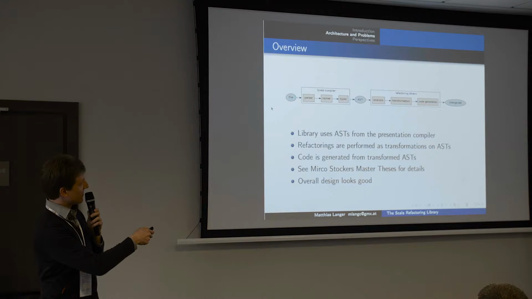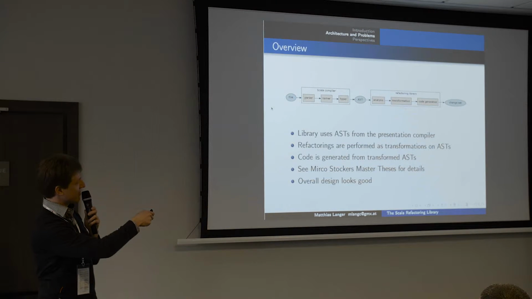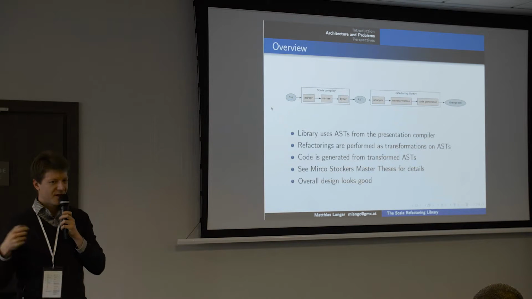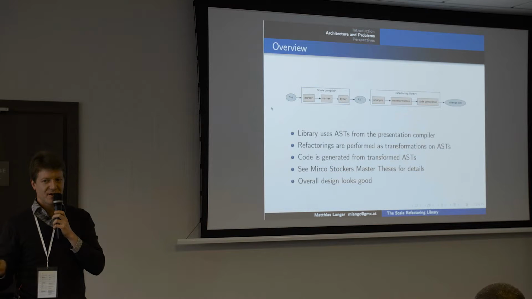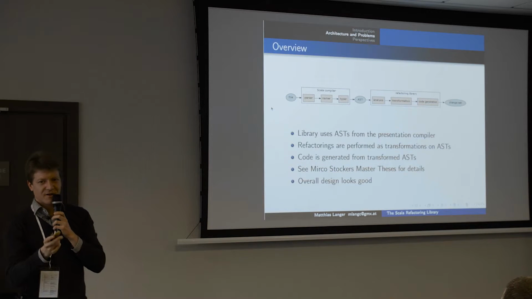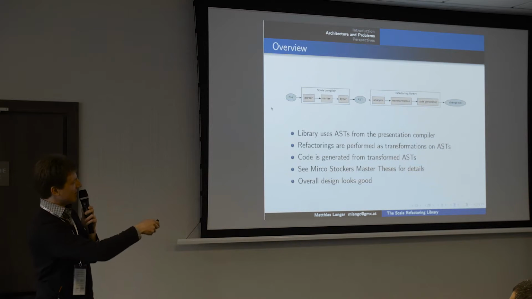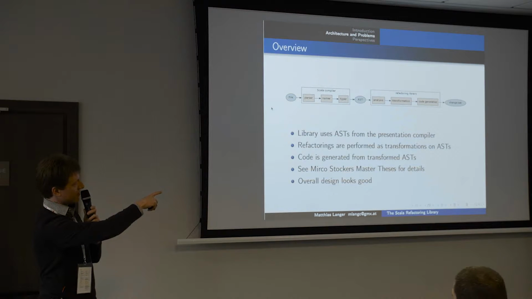After the abstract syntax trees are generated by the compiler, the refactoring library takes them over, first performing some analysis, and then the actual refactoring, like a rename operation, or extract method, or switch the order of parameters, is performed in this transformation phase.